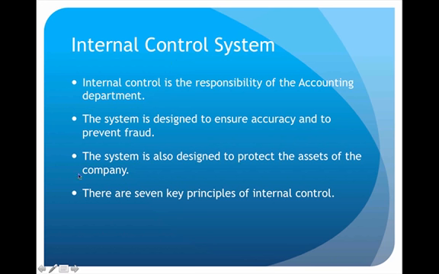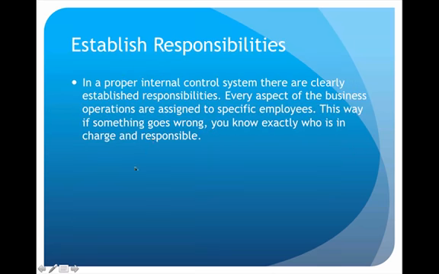Now, this system will have 7 key principles, and we always look for all 7 of these key principles as a good quality indicator of an internal control system. The first principle is to establish responsibilities. That simply means that we need to have clearly defined roles, clearly defined responsibilities.